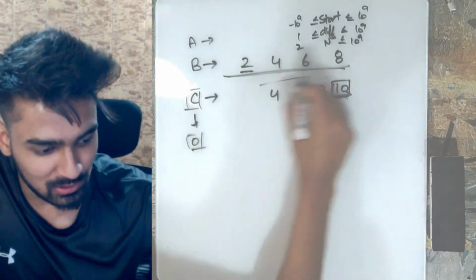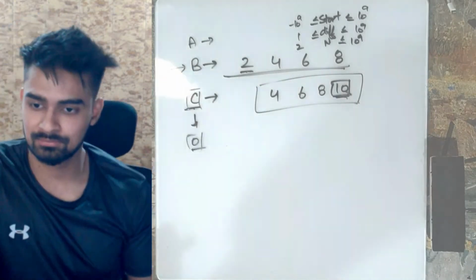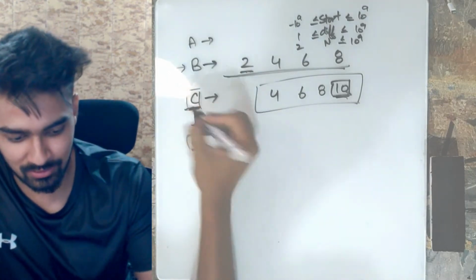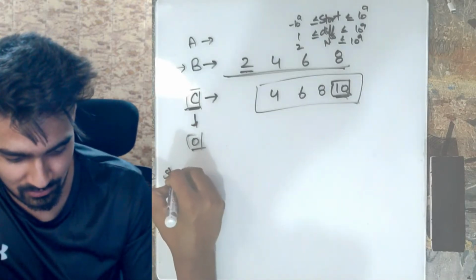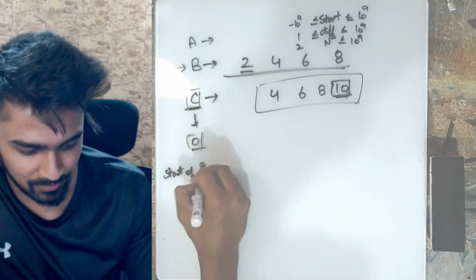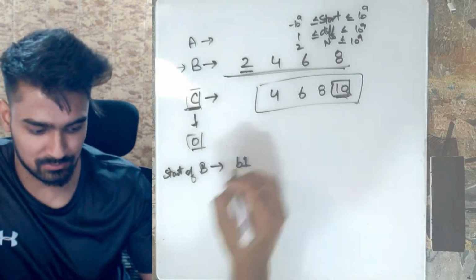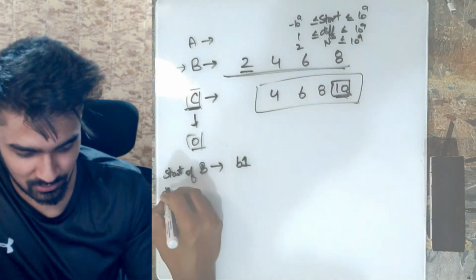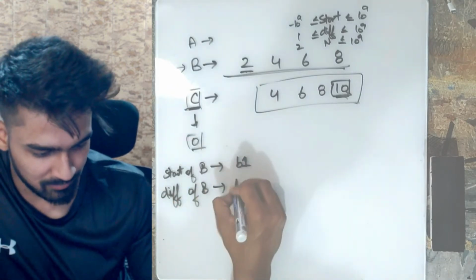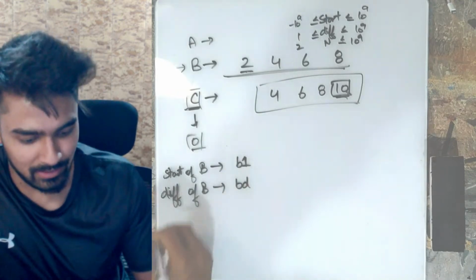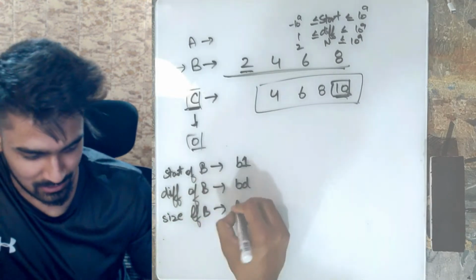So in order to find all the values, you need to check that all the values present in C are present in B as well. How do you do that? Let me call the start of B as B1, the difference of B as BD, and the size of B as Bn.